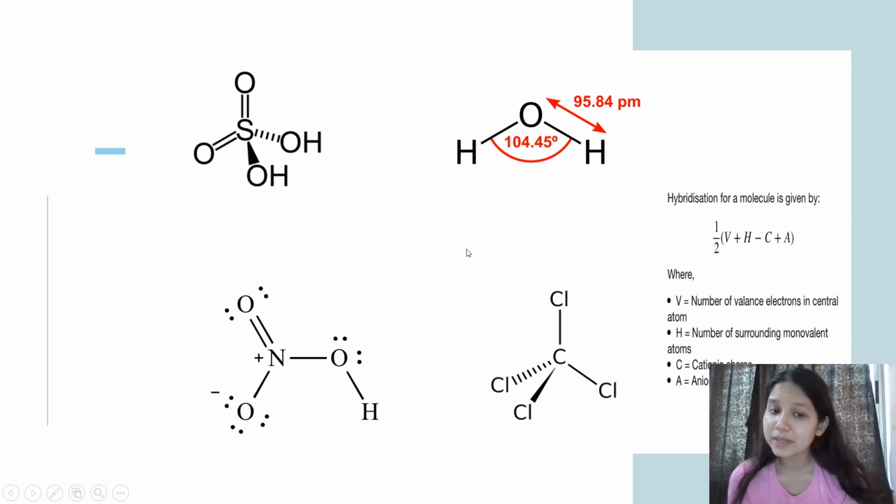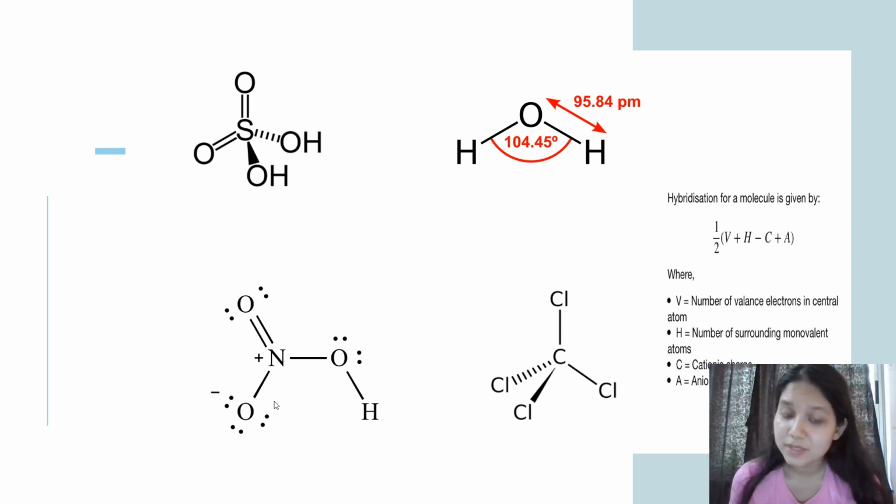As we calculated hybridization states of sulfur and oxygen in these molecules, in a similar way we will find that the hybridization of nitrogen in nitric acid molecule is sp2, which will dictate the geometry of this molecule to be trigonal planar.